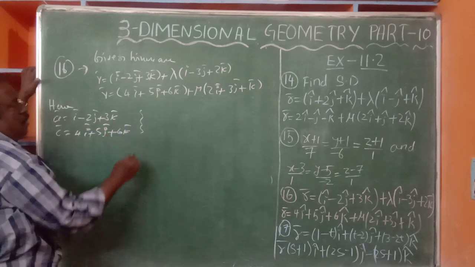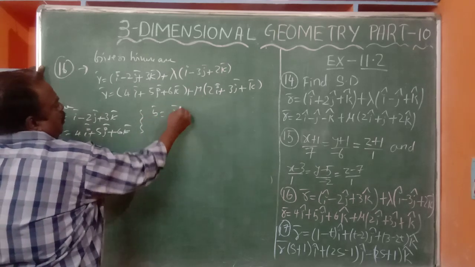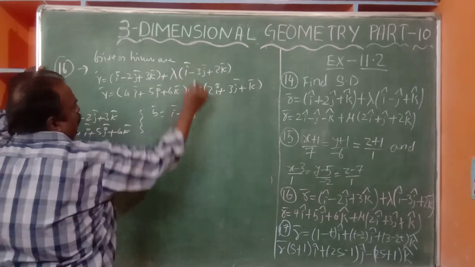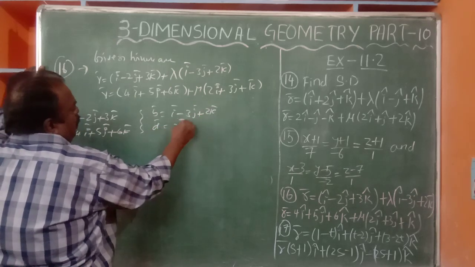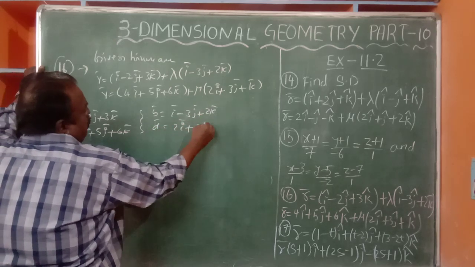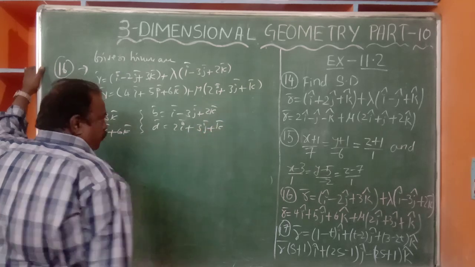Okay, now b bar is equal to i minus 3j plus 2k. d bar is equal to 2i plus 3j plus k.